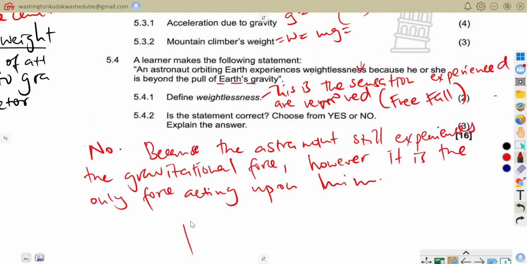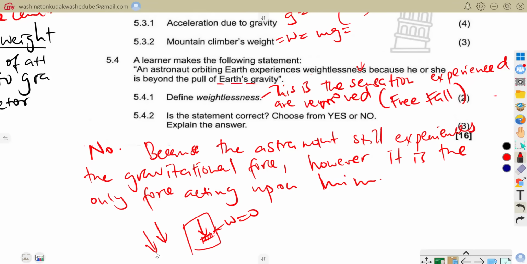You would see that when the lift is moving down, if we are to put a scale here, it would appear as if your weight is equal to zero. Why? Because you are going down at the same speed as the lift.